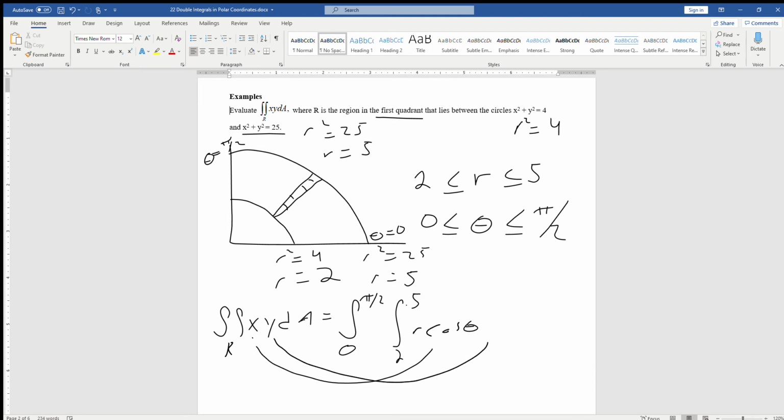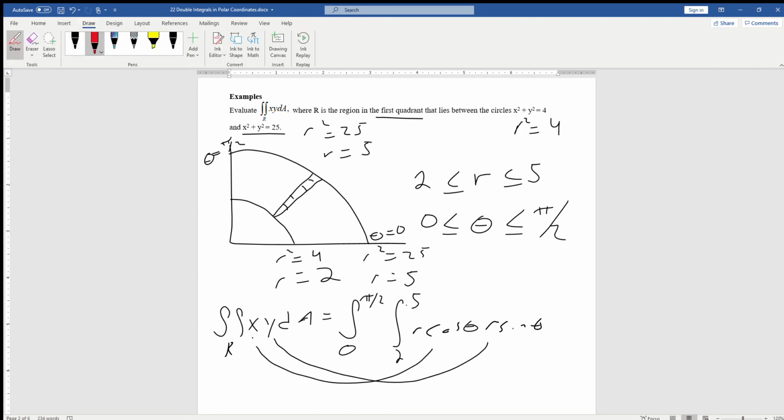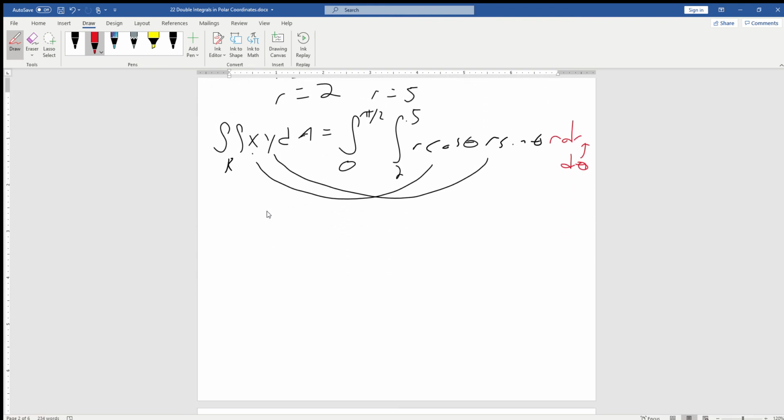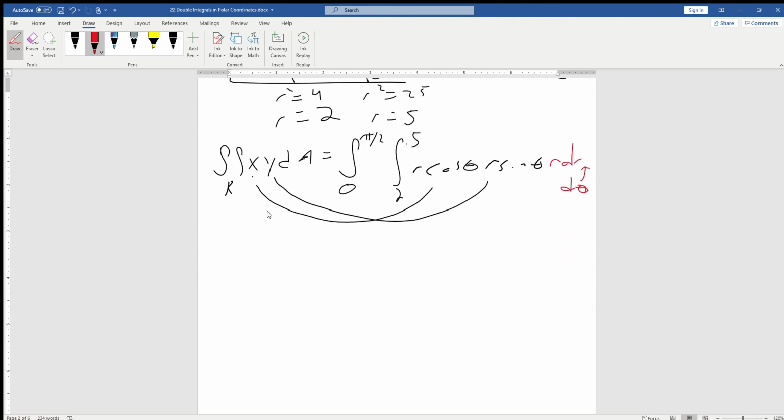Y is going to be r sine theta. Then we also need that multiplier, r dr d theta. We need this every single time that we convert, so we can't forget about that. And again, that's a result of the conversion. So go back a few minutes and take a look at that conversion.